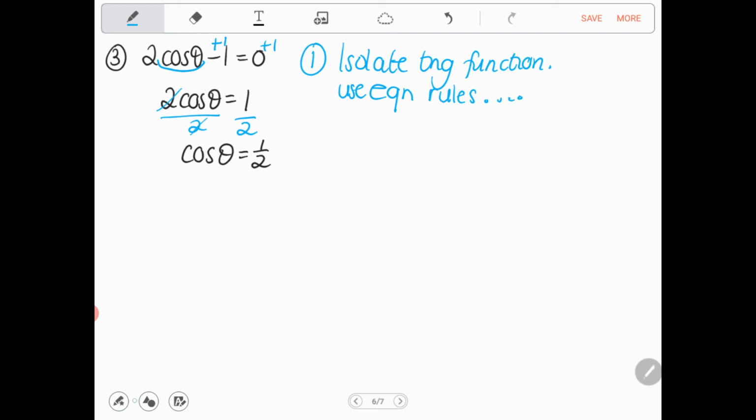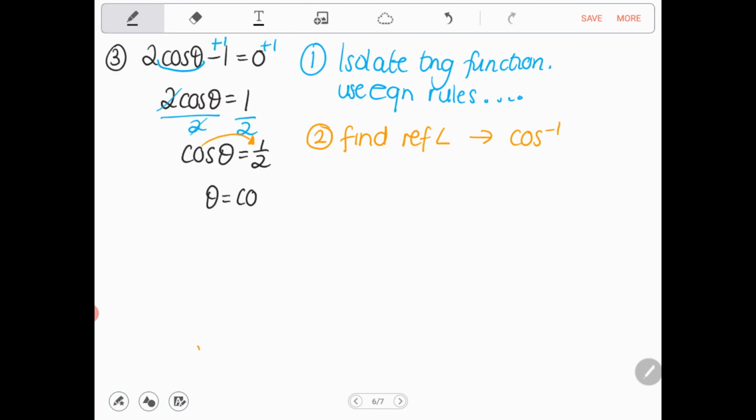All right, now we're going to find the reference angle, and we're going to be using arc cos. So this goes to this side. It's a positive sign in front here, so I don't have to worry about not including a sign.